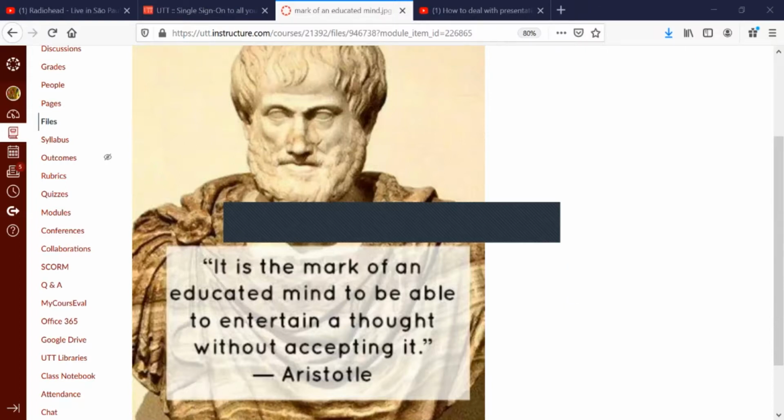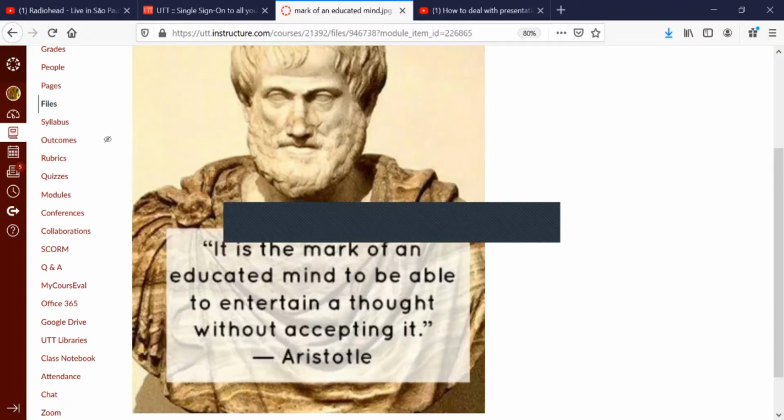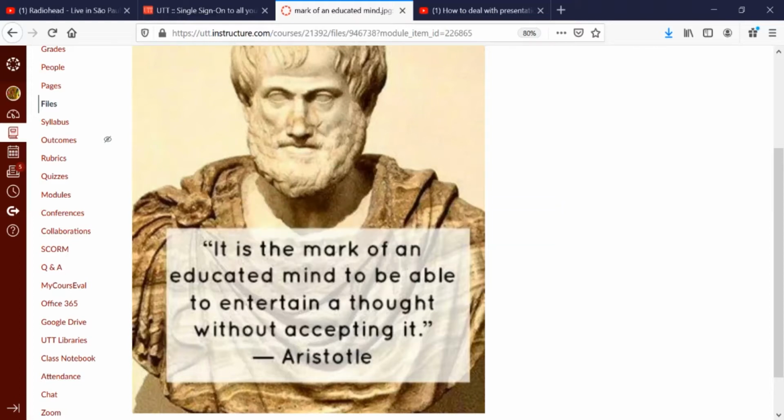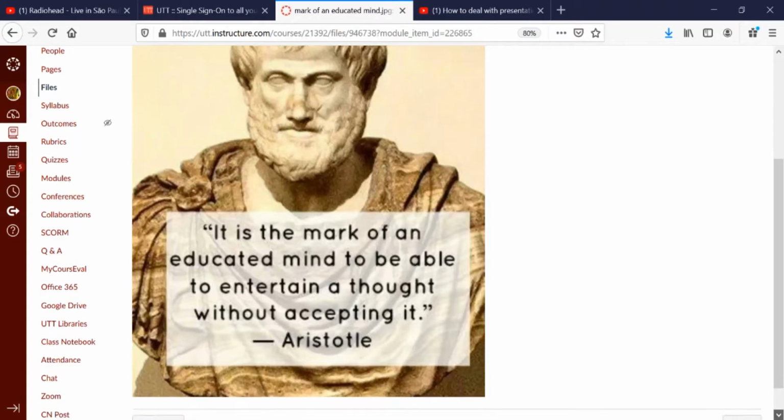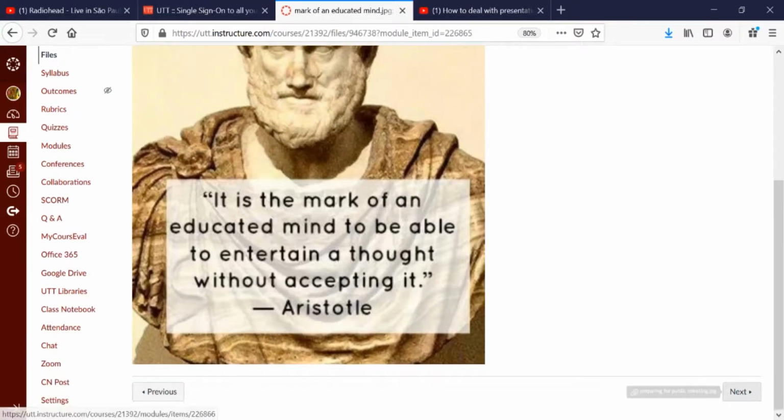So this is just a little education quote. It is the mark of an educated mind to be able to entertain a thought without accepting it. We do too little of this these days.